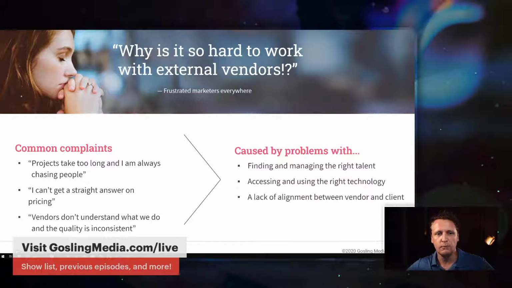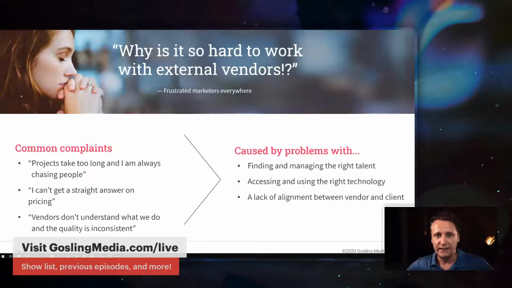And whenever you're working with external vendors, and I've seen this as well because I'm on the other side of the fence now because I am the vendor, it can be really difficult, and there's a few common complaints that constantly come up. Projects always seem to take too long, or the communication isn't good enough, so the client has to constantly chase people. Pricing is a difficult one.